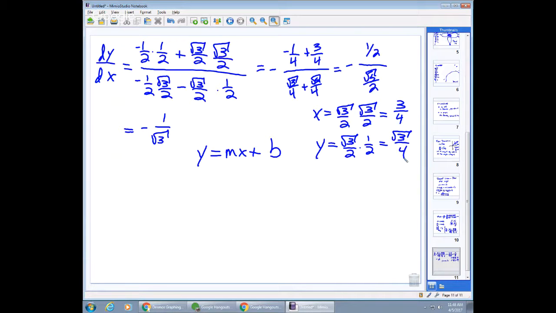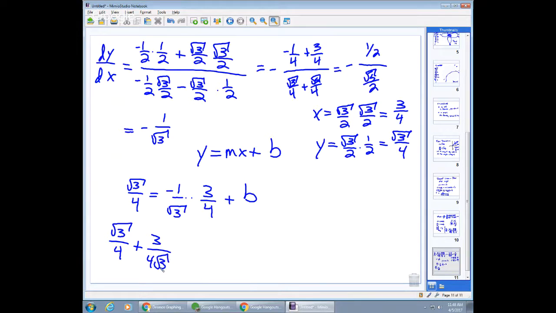Okay, so now we know y is square root of 3 over 4 and m is -1 over the square root of 3 and x is 3 over 4, we can now find b. So adding this guy to the other side, I get square root of 3 over 4 plus 3 over 4 square roots of 3.